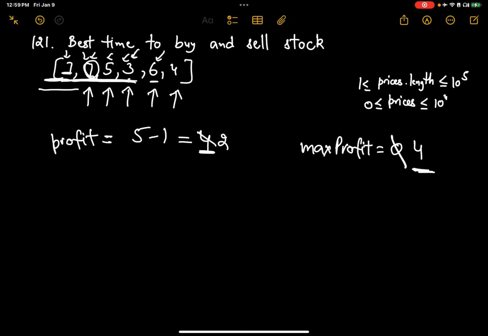If you notice, when I buy on this day and I sell on this day, my profit would be 6 minus 1, which would be 5. And now this 5 is greater than the max profit, so I'll just update my max profit. And if you notice, there is no better transaction that can happen. If I buy on this day and if I sell on this day, the profit would be 5.